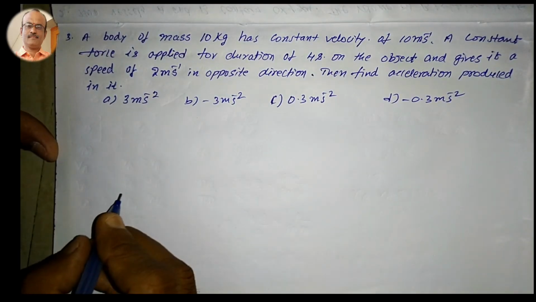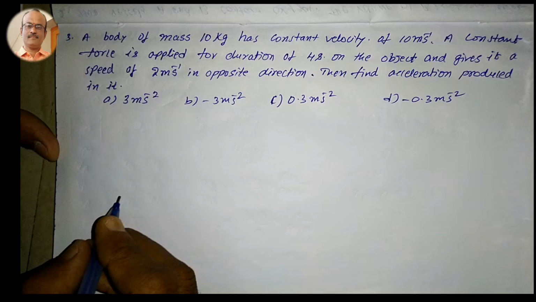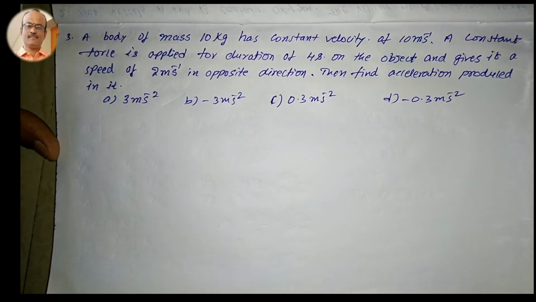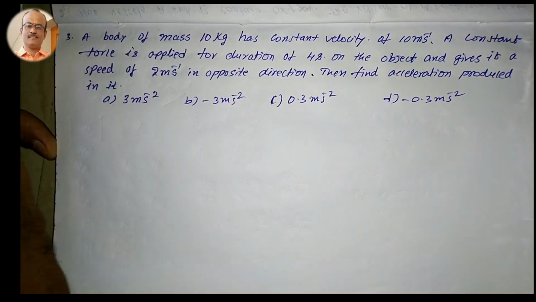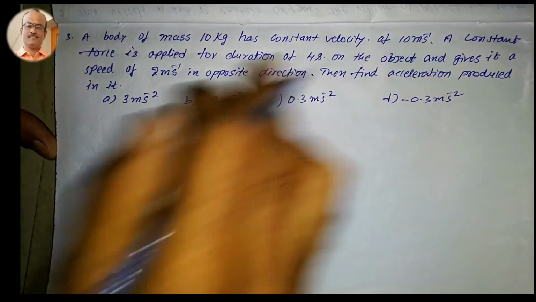A body of mass 10 kg has a constant velocity of 10 meters per second. A constant force is applied for a duration of 4 seconds on the object and gives it a speed of 2 meters per second in the opposite direction. Then find the acceleration produced in it. So first of all, a body of 10 kg is moving with a constant velocity of 10 meters per second.